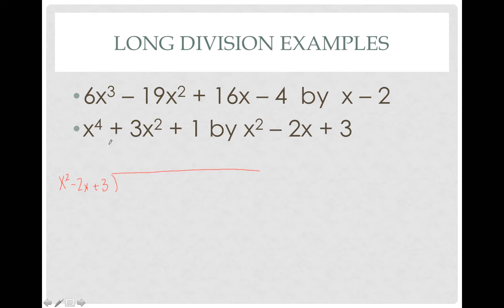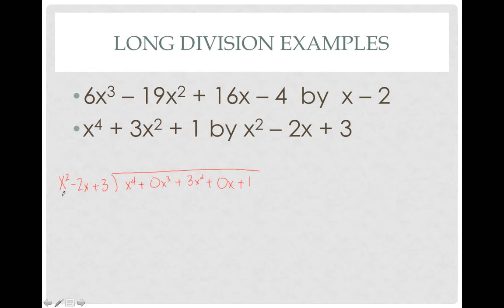Now notice I don't have a cubic and I don't have a linear piece. So I need to add them in just in case. So I have x to the 4th plus 0x cubed plus 3x squared plus 0x plus 1. You never know, those zeros might be necessary.